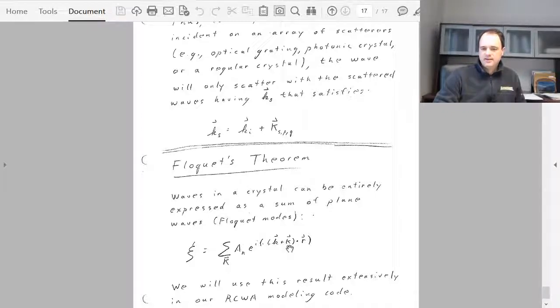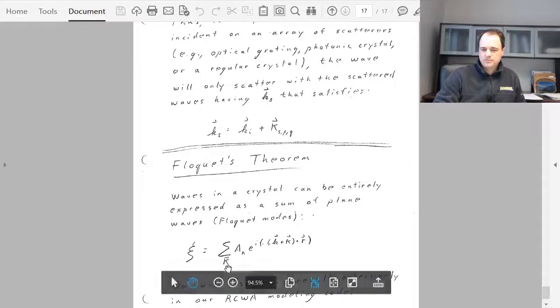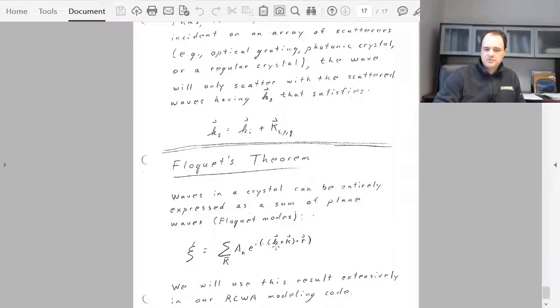So this is your K effective for this particular component of the total field, and that K effective must be equal to lowercase k, but adding one of these reciprocal space translation vectors. So each one of these is going to be called Floquet modes.